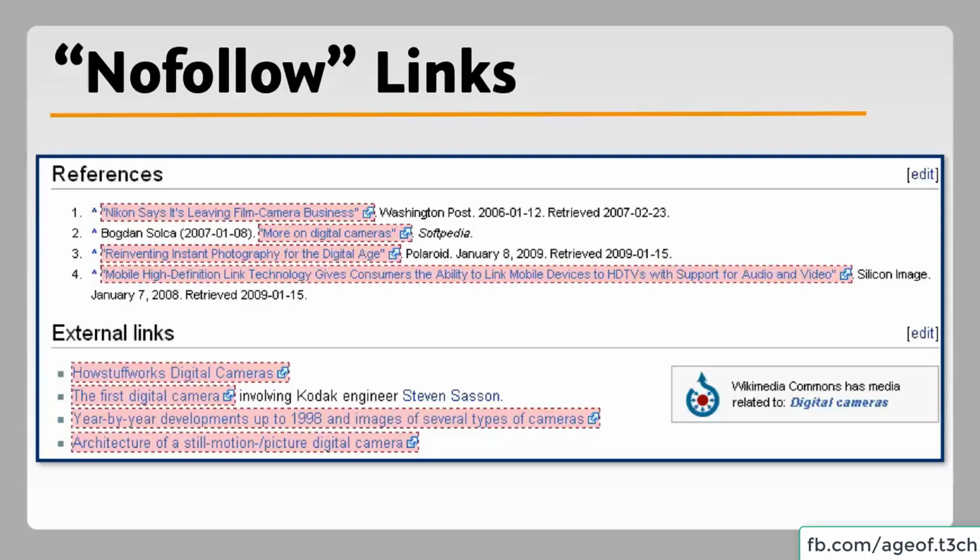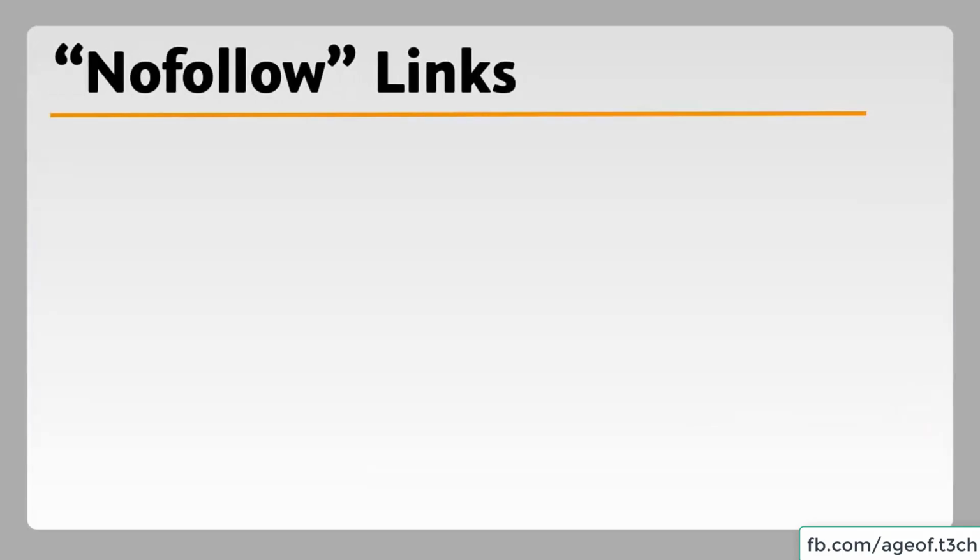So the search engines gave people the power to put a nofollow tag on the links, and what it really means is we don't trust this link. We don't want to publish this link on our website not knowing the source of it. So a nofollow link really means no trust.